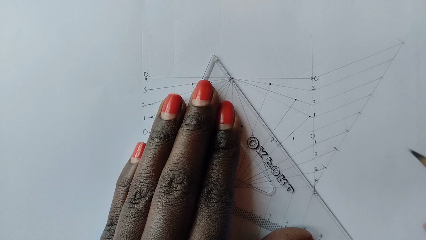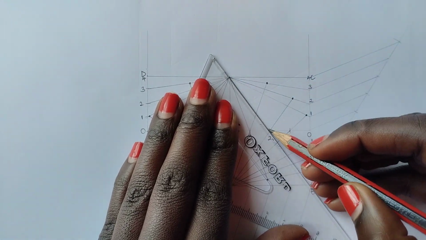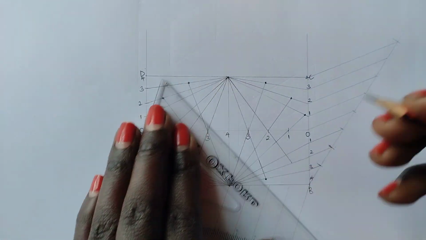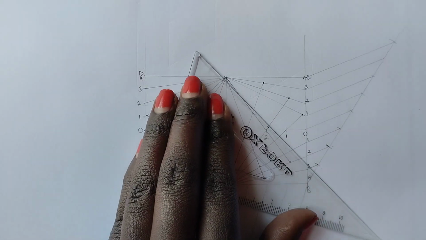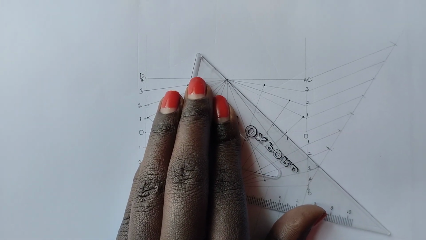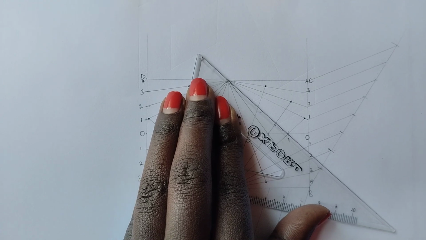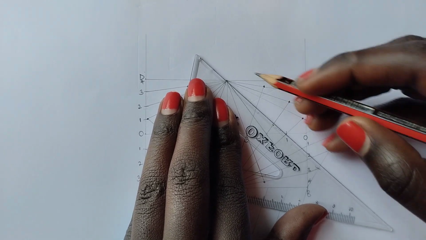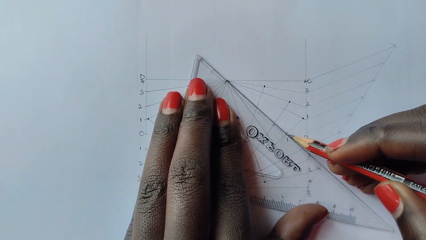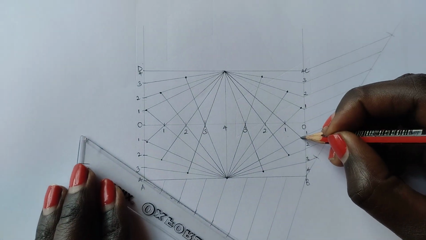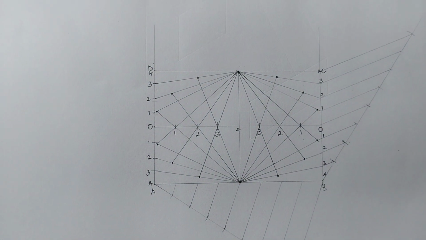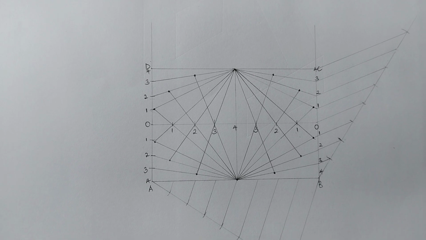We stop at line 2. Have that, another point. Then we have a line passing through point 1 to touch line 1. So we have that point. So we already have all the points for our ellipse.